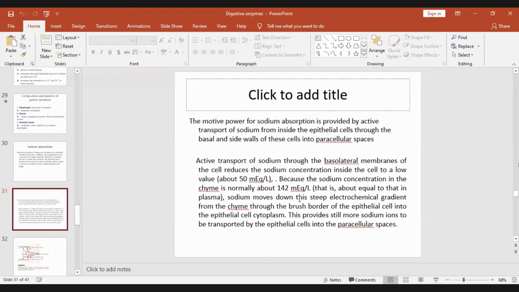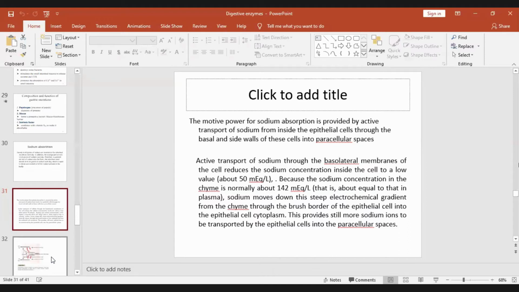And so it helps more sodium ions to be transported by the epithelial cells into paracellular spaces. First, sodium potassium active transport on the basolateral side. Okay, active transport.